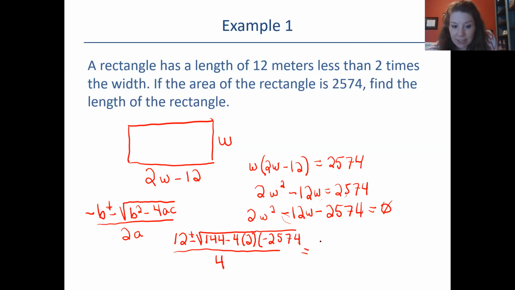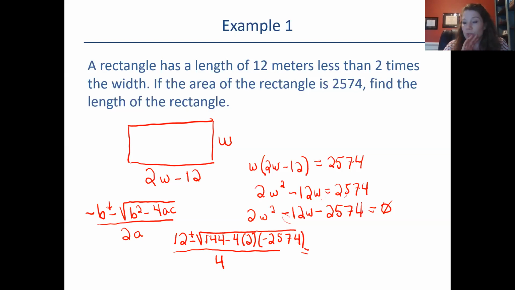In my calculator, I'm simply typing in to start with what's under the radical, the radicand: 144 minus 4 times 2 times negative 2,574. And my answer is 20,736.